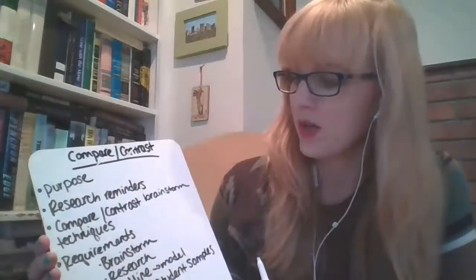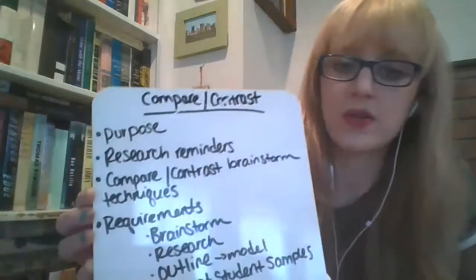So the very first step is brainstorming. You can brainstorm for your compare and contrast topic without even doing any research, just like I did on the board previous to this one. I want to talk about some compare and contrast techniques. We've talked about these before. I'm sure you know them.